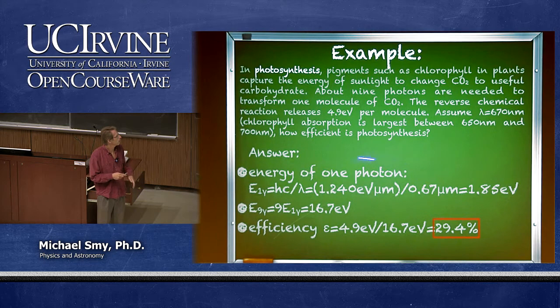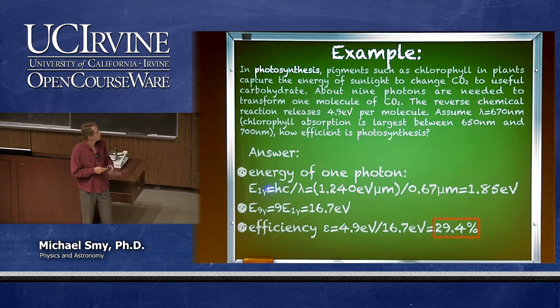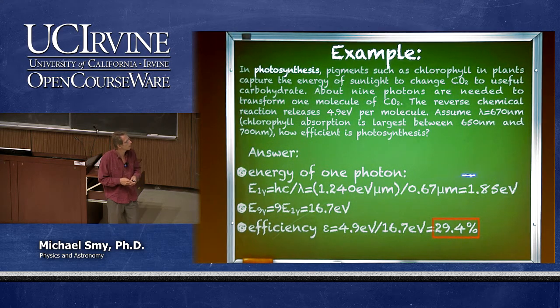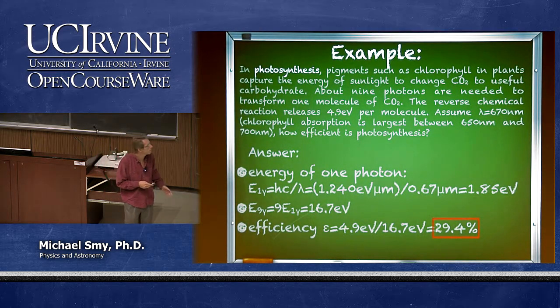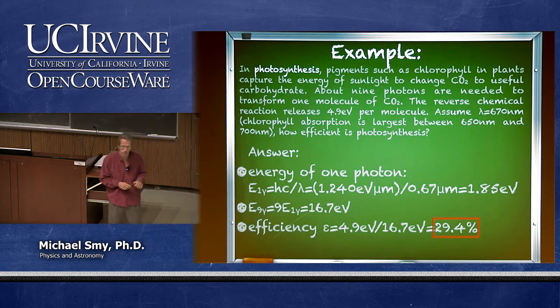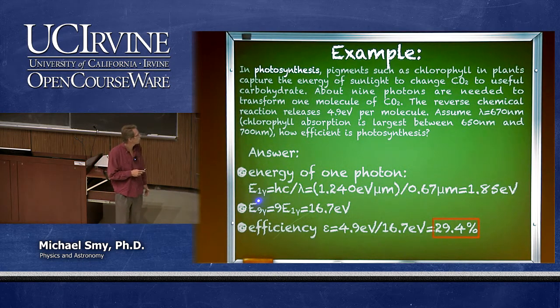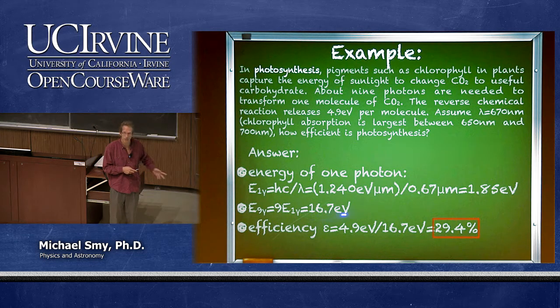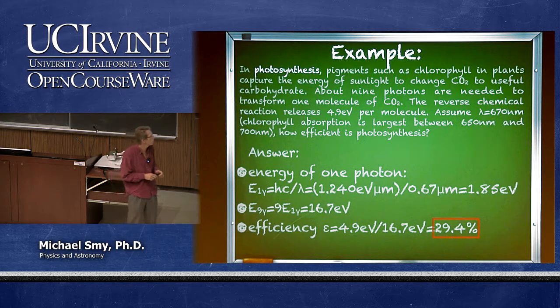So again, we calculate the energy of one photon. So it's 1.240 electron volt micrometers divided by the wavelength, which is 0.67 micrometers. So this gives us 1.85 electron volts for the energy of one photon. Since we know that photosynthesis requires 9 photons, we multiply that by 9 and we get the total solar energy that is needed of 16.7 electron volts.